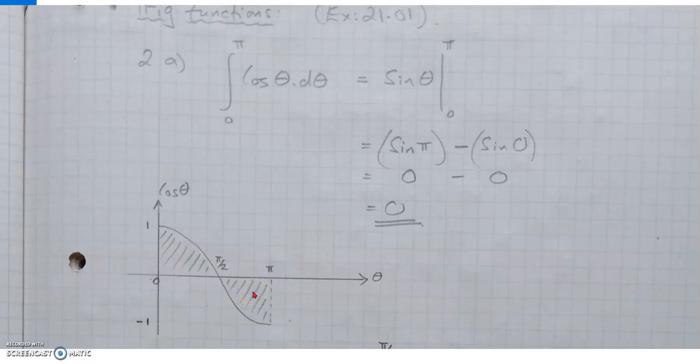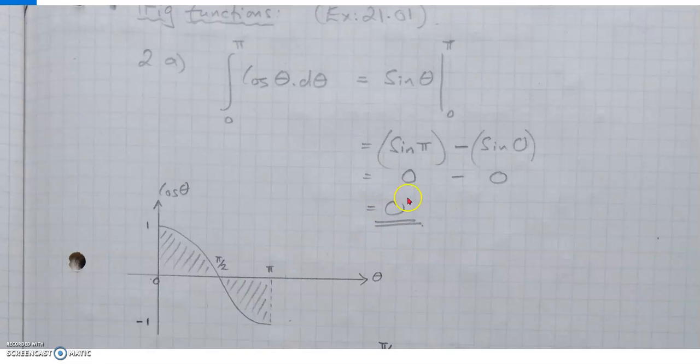Now, what happens is that when we're doing the calculus, when we're finding the area between 0 and pi, we're finding this positive area and we're finding this negative area. And of course, when you add them together, they cancel each other out.